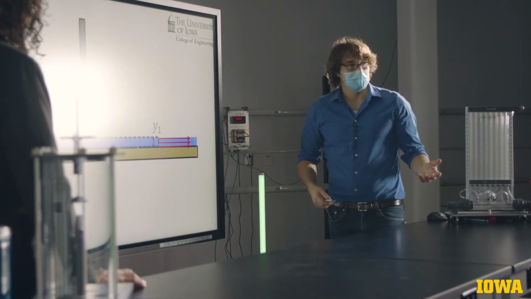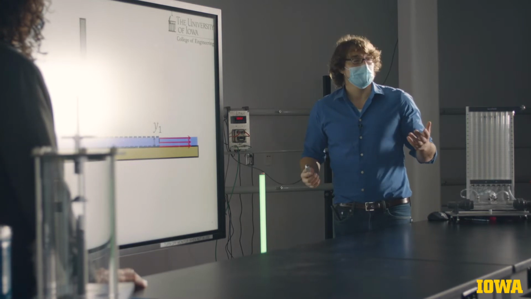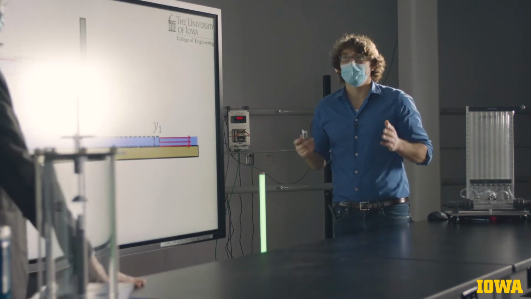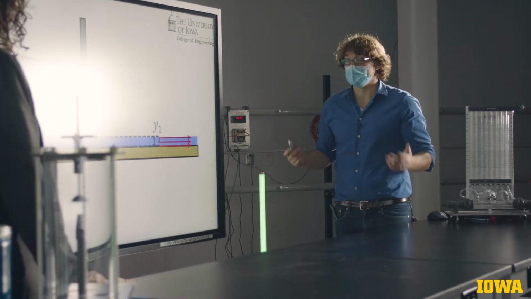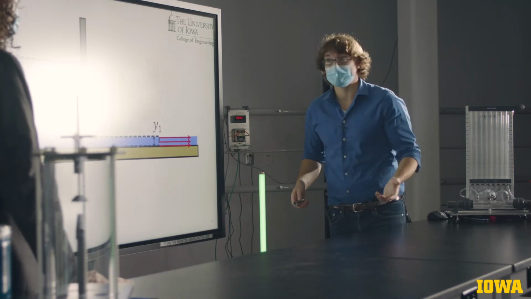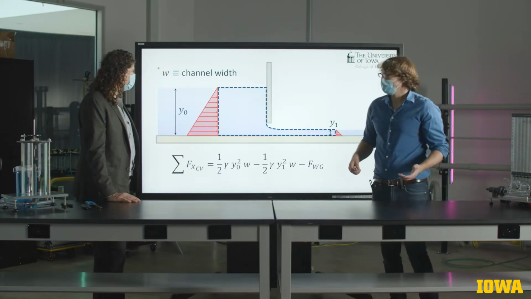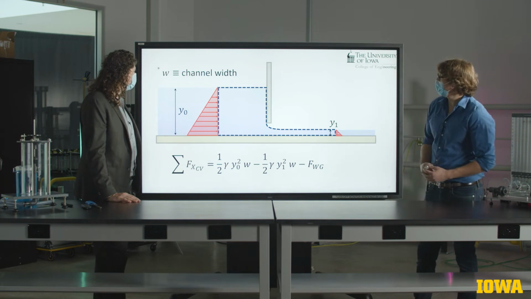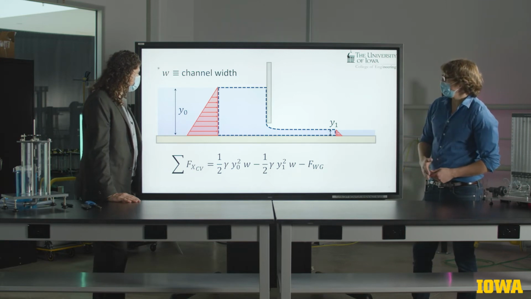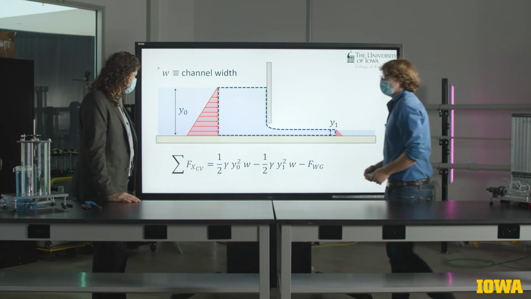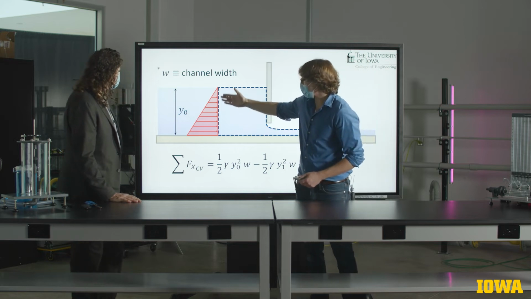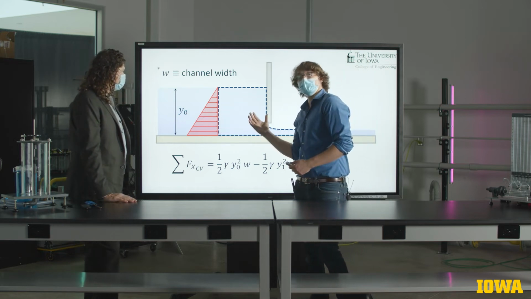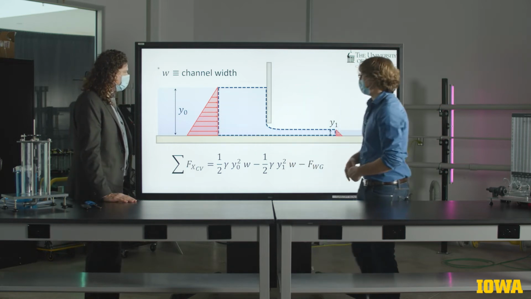Now, with control volume analysis, we always want to start out by doing a free body diagram of the control volume itself to figure out what forces are acting on it. So we can start to look at that here. Shown on the left is a representation that, in fact, there's a hydrostatic pressure gradient pushing on the contents of this control volume from the left.